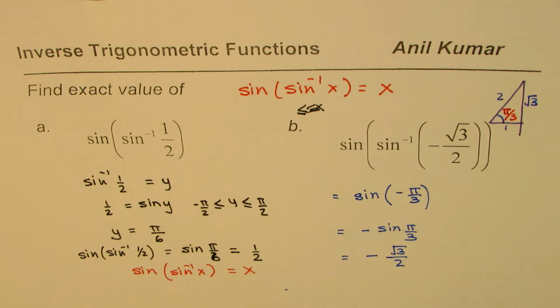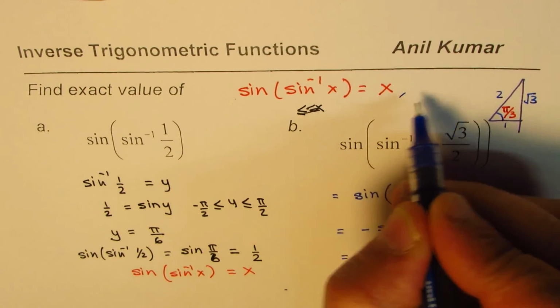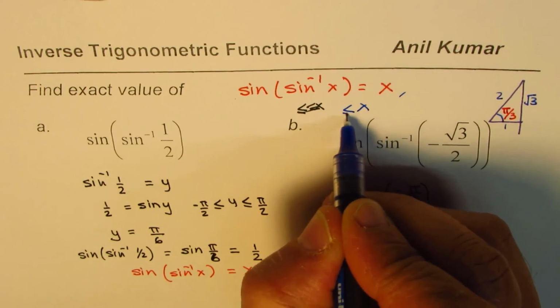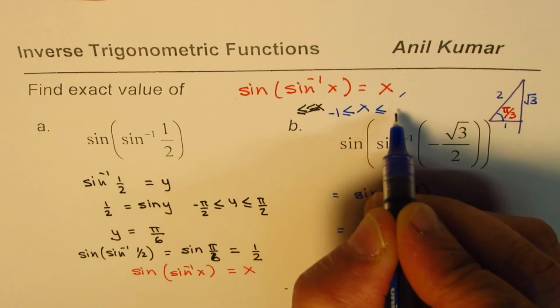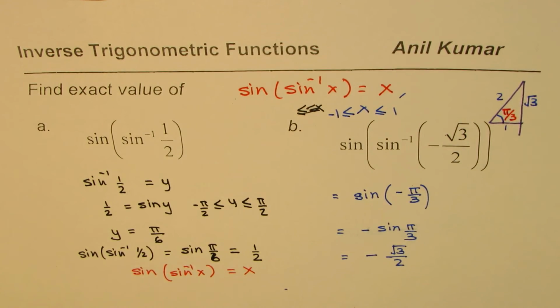Here you will see that the sine value is restricted to the values between plus and minus 1. So in this case, we know that x is between minus 1 to plus 1, and that is the range for the sine function as such. So x will be within minus 1 to plus 1, and you'll always get sine of sine inverse x as equal to x, as we saw here in this video.